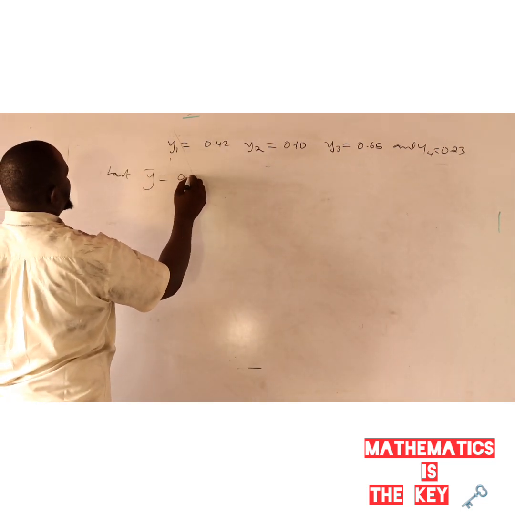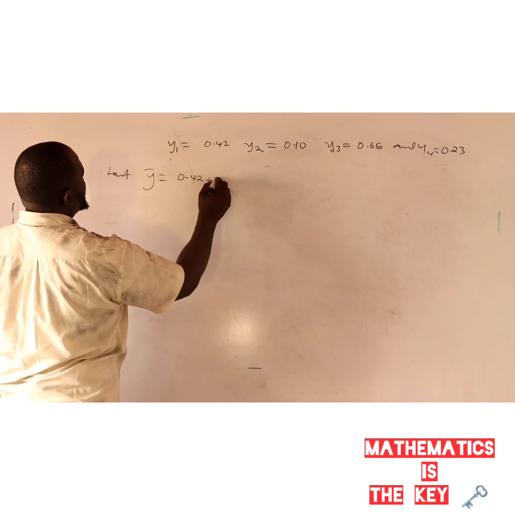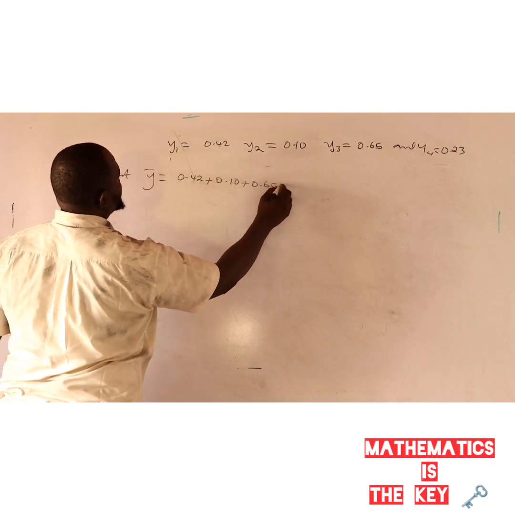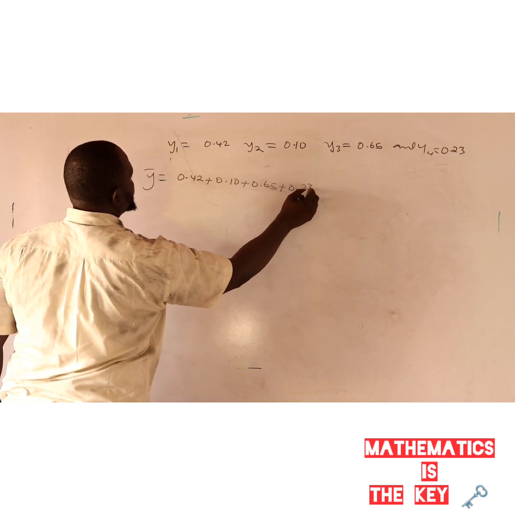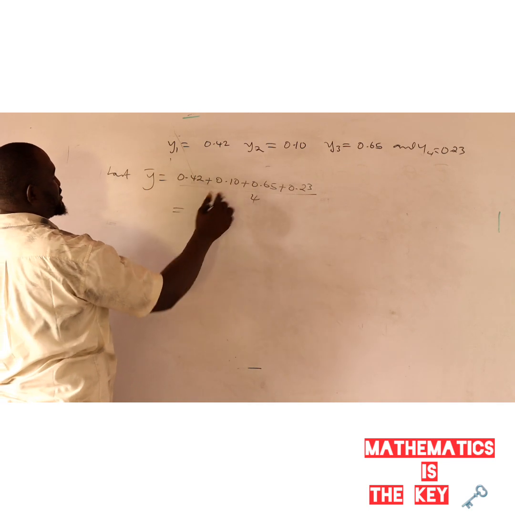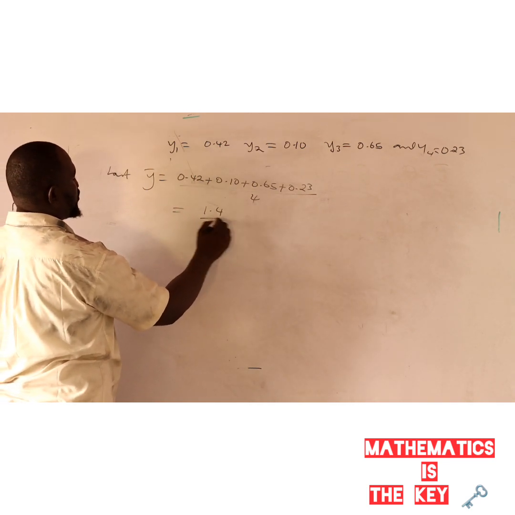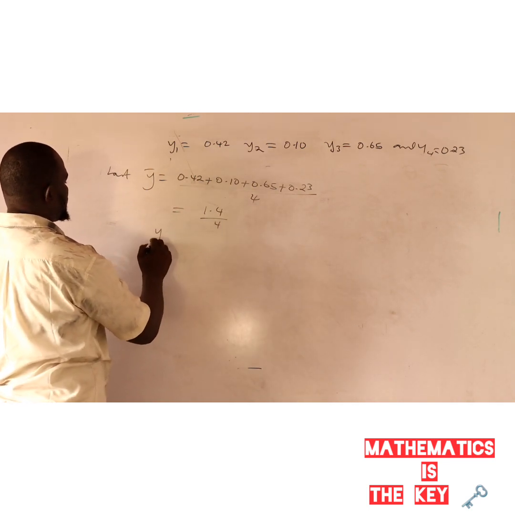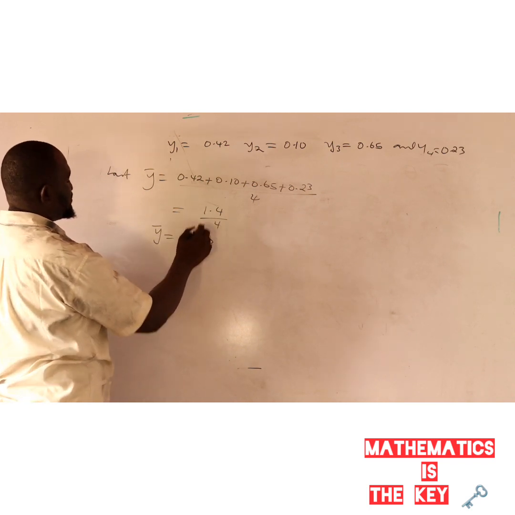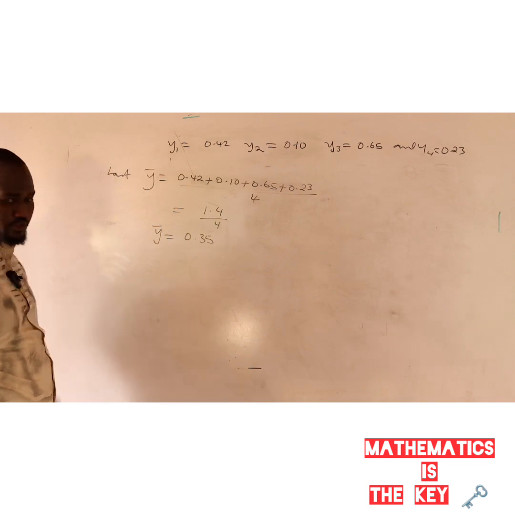So y bar is 0.42 plus 0.10 plus 0.65 plus 0.23 all over 4. We add this, we'll have 1.4 all over 4. 1.4 divided by 4 is 0.35.